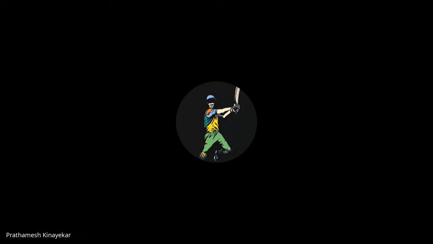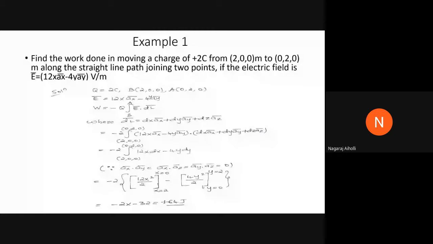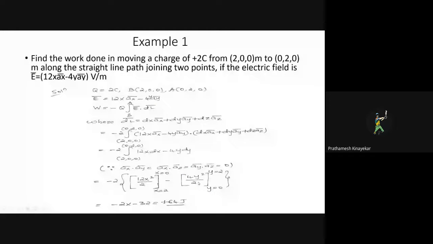So minus 32 will come. How much? Minus 32, sir. This one, 4y square by 2. Yes, sir.